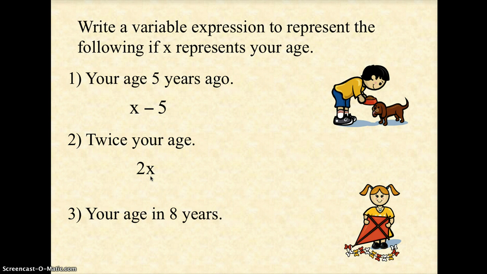Whatever the age is, you just multiply it by 2. Remember, there is no symbol here, so it means times or multiply. So 2 times x. Number 3, your age in 8 years. This one can be written as x plus 8.